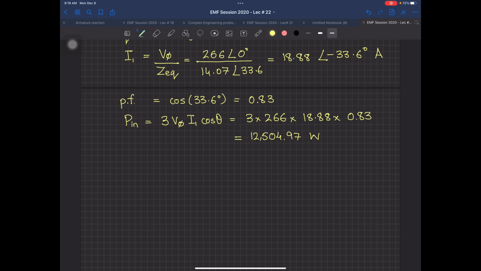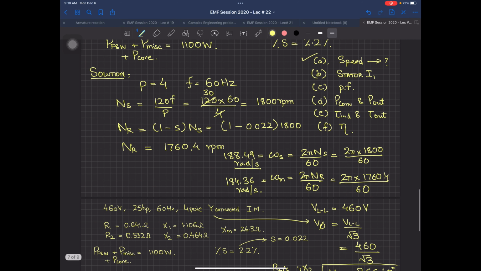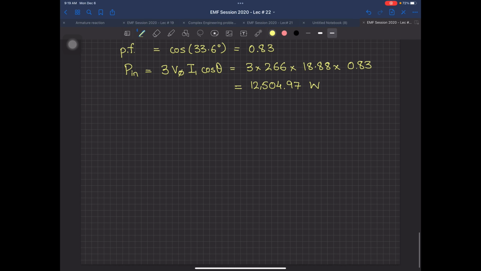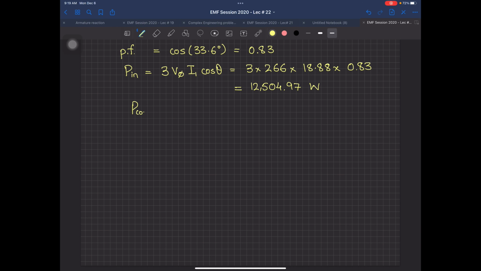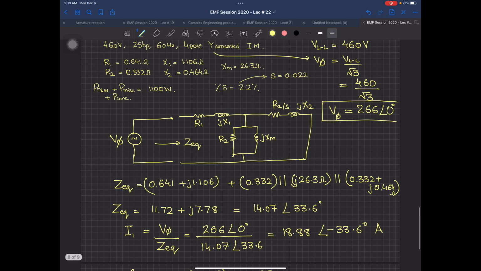Now when you have got your input power, the next thing to find out, since we have done the stator current and also found the power factor, is that two things are left, P converted and P out. Now your P converted, as I told you, was equal to your input power minus P SCL minus P core. The problem here is that in this question, they have given the lump of friction and windage plus core as 1100.